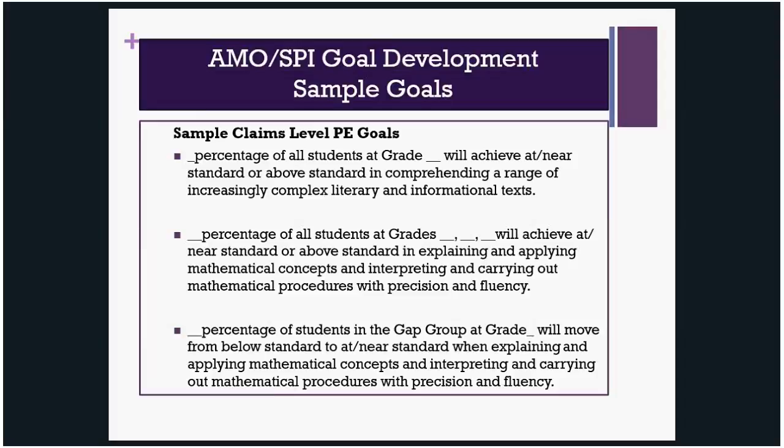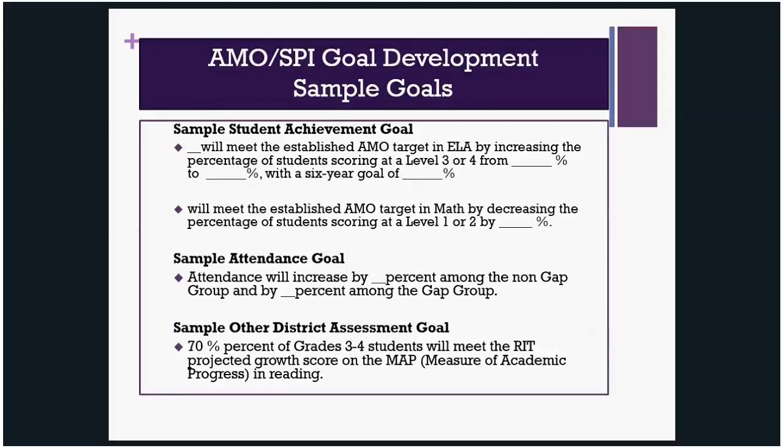A certain percentage of students in the gap group at grade whatever will move from below standard to at or near standard when explaining and applying mathematical concepts and interpreting and carrying out mathematical procedures with precision and fluency. So maybe you're looking to bring a certain group up from below standard to near standard. So you might have a gap group goal.